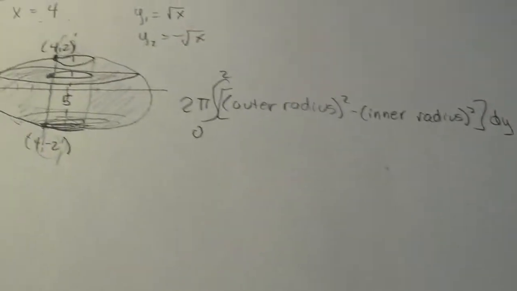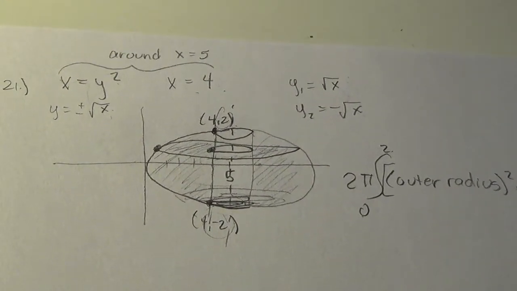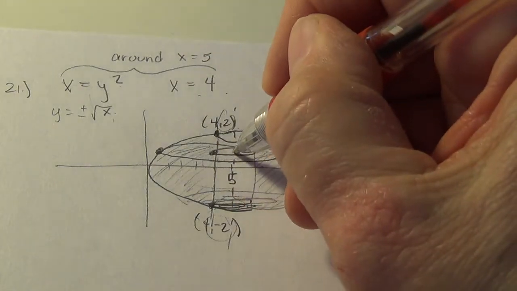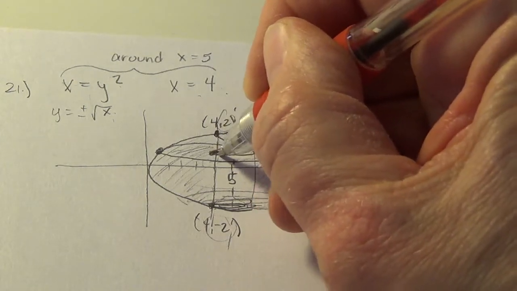All right, let's see what the outer radius is. Try to draw in the outer radius. Actually, I'll draw the inner radius first, just because it's always eclipsed by the outer one. It's easier to see if I draw the inner one first. So here is the inner radius in red.